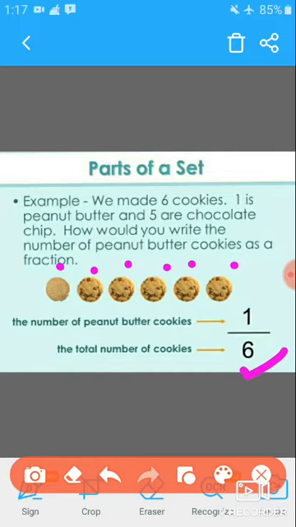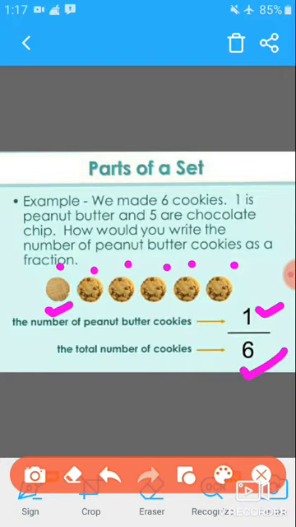And now we are going to count the number of peanut butter cookies. So here only 1 peanut butter cookie is given. It means you can write 1 as a numerator.